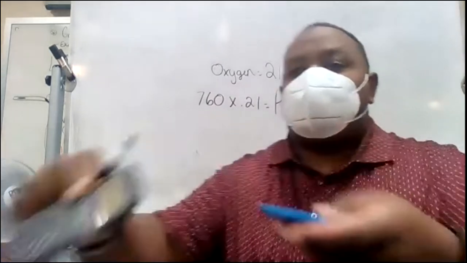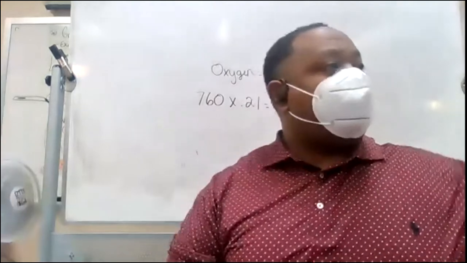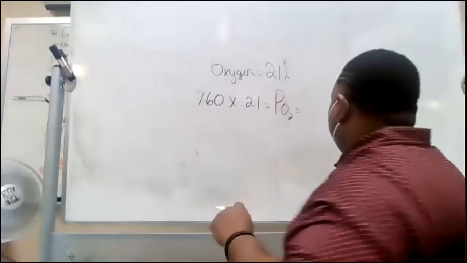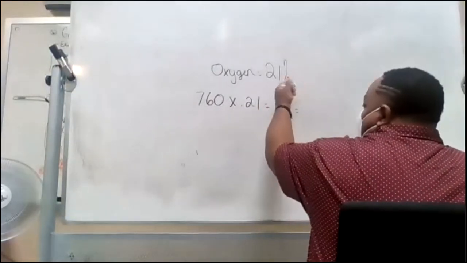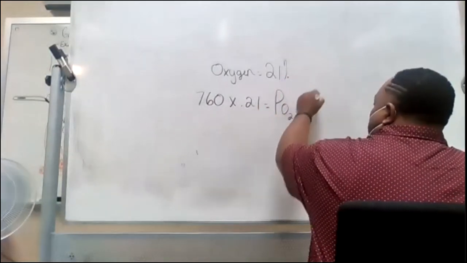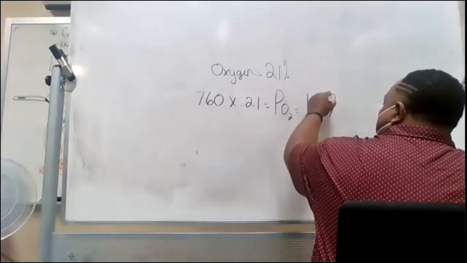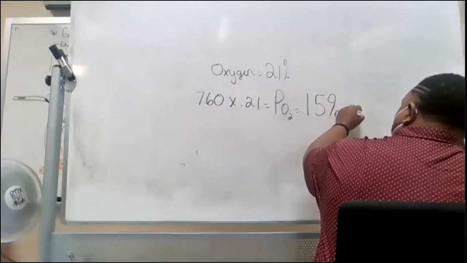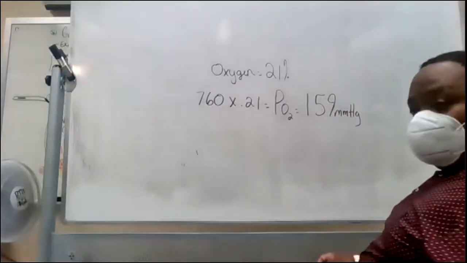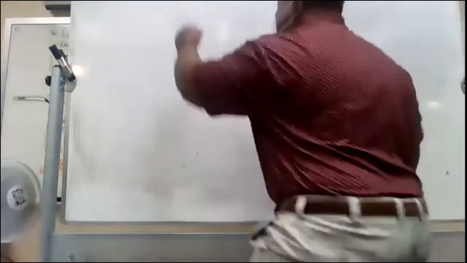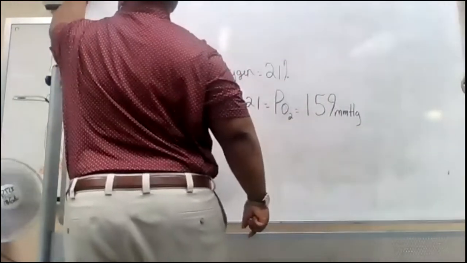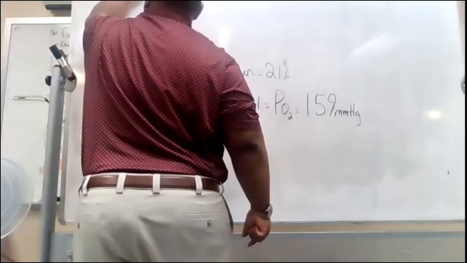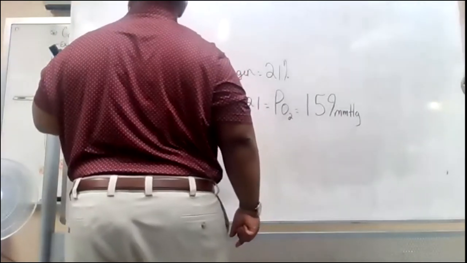It's 159.6. We usually say 159. So oxygen, O2, is 159 millimeters of mercury.